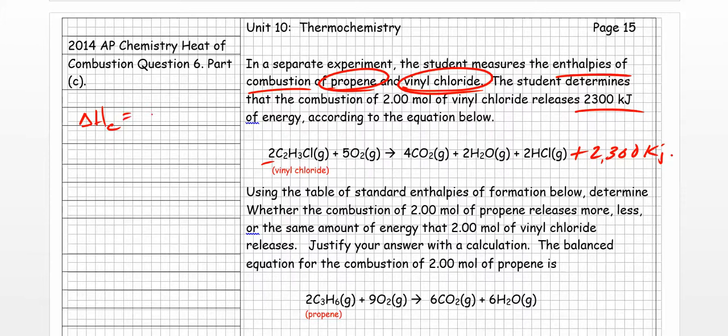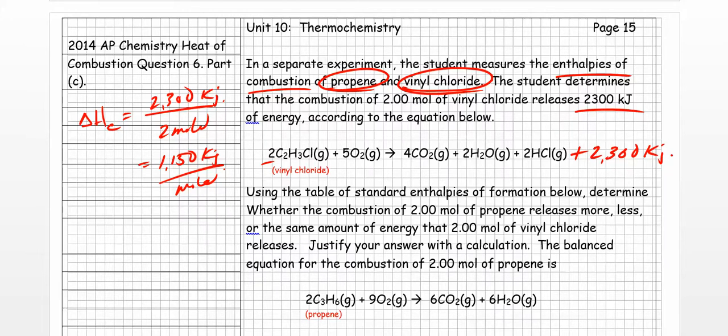So I would have to say that the delta H of combustion is equal to 2,300 kilojoules divided by 2 moles, or 1,150 kilojoules per mole, just like that. Okay, so now I know the enthalpy of combustion per mole, 1,150 kilojoules per mole.